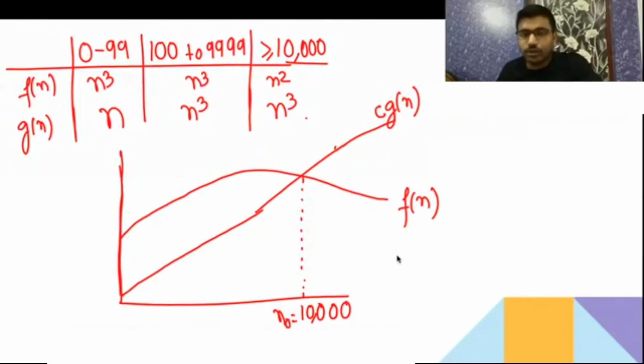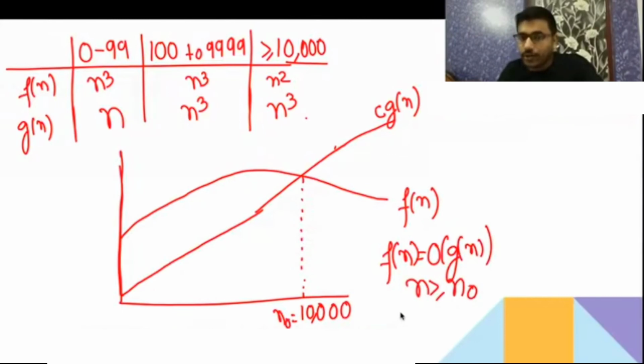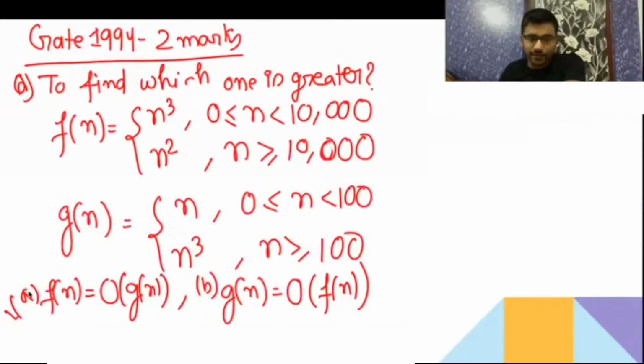So I have always told you that Fn is going to be big O of Gn for some value of n, where n is always greater than or equal to n naught, and you assume n is some bigger number. Here n naught is 10,000. So Gn is greater, and Fn is big O of Gn, so this is the correct one.